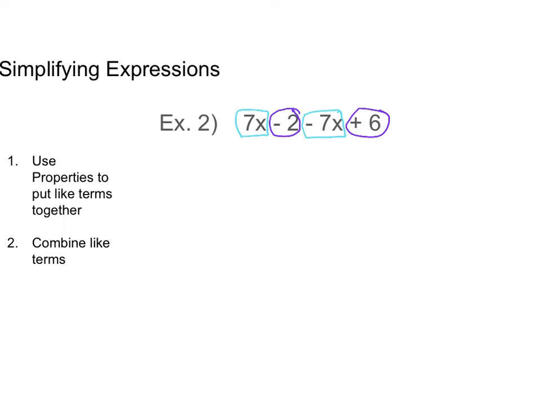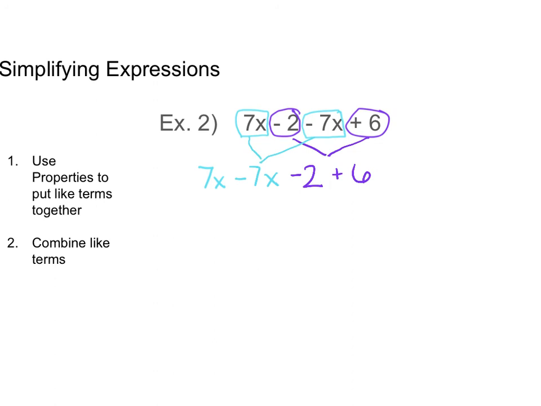Okay, so I'm going to rewrite this to put the same like terms together. So I have 7x minus 7x, and then I have minus 2 and then plus 6. So all I did was I put these together here, and then I put my blue ones here, right?